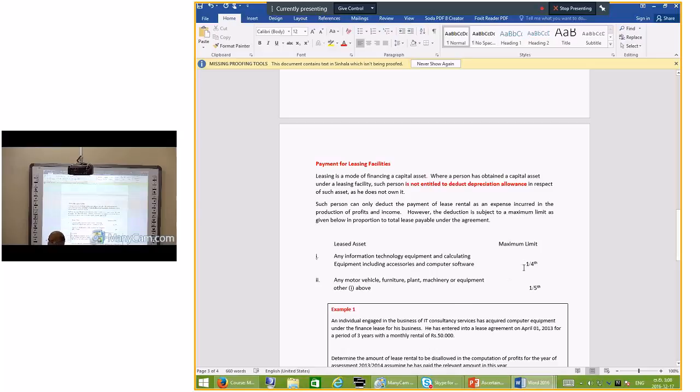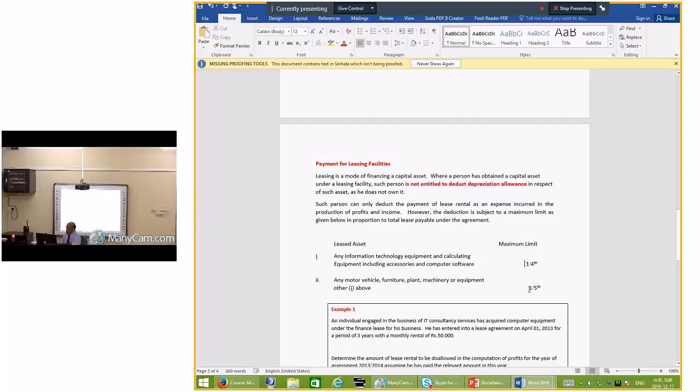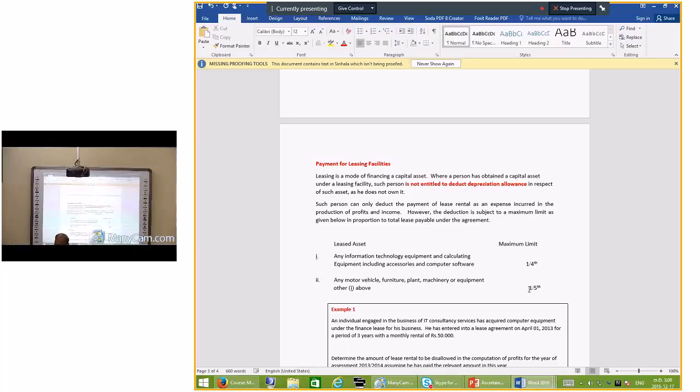If we take an example, say a motor vehicle is leased, with a monthly rental of 100,000. If we lease for 4 years, that means 48 installments, right? Then he has to pay a total lease value of 4.8 million.